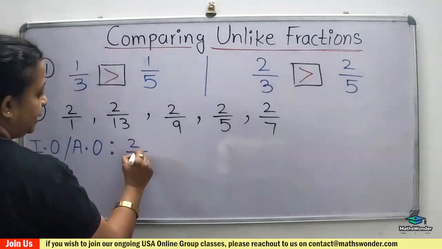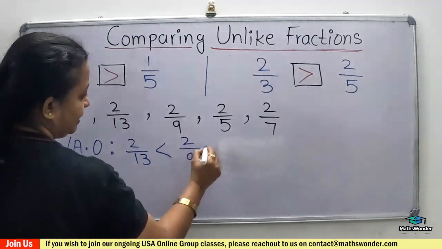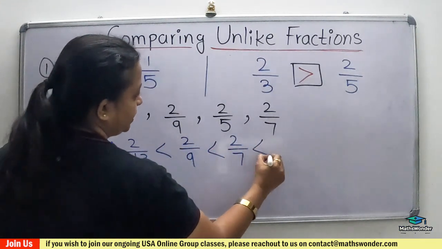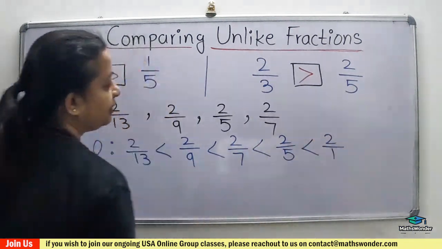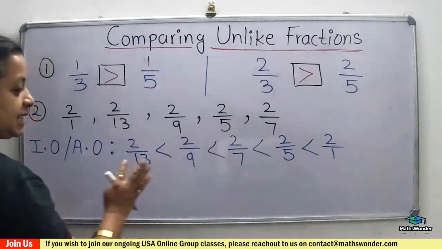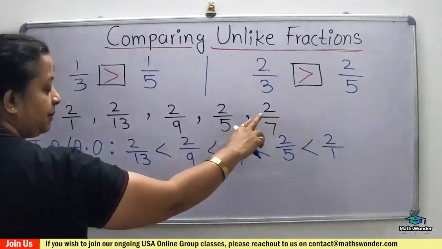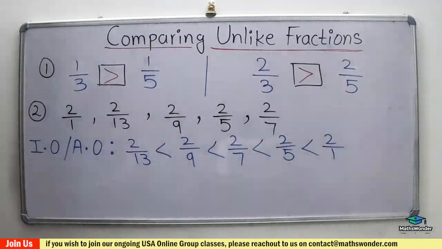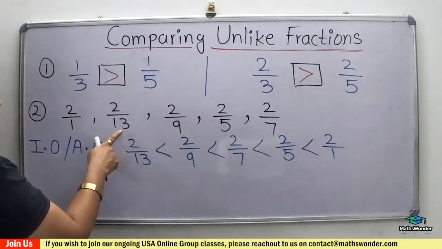So 2/13, then 2/9, then 2/7, 2/5, and 2/1. But students go wrong in this sequence because they do the same as with normal fractions, but not here. If the numerators are the same, the sequence will change. The greater denominator will be smaller.